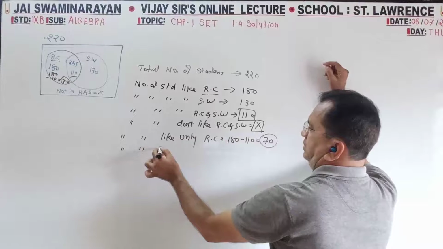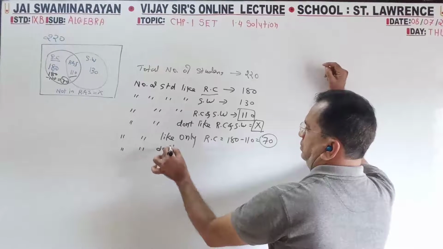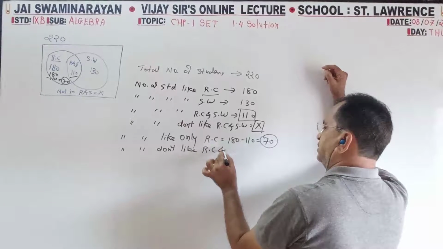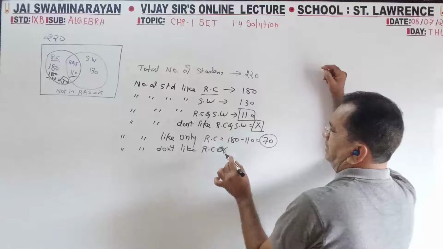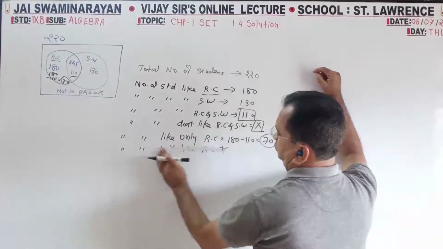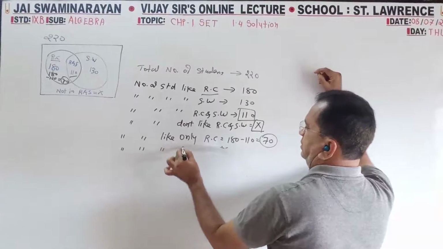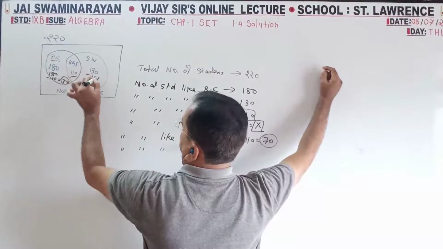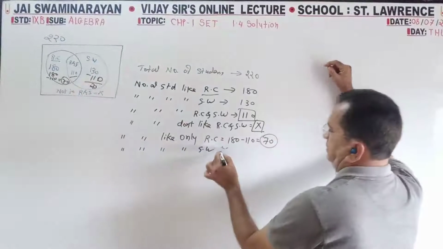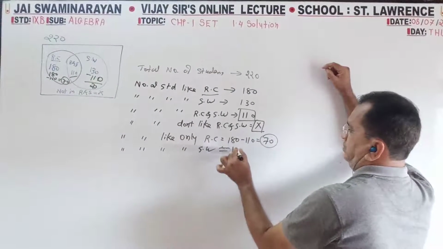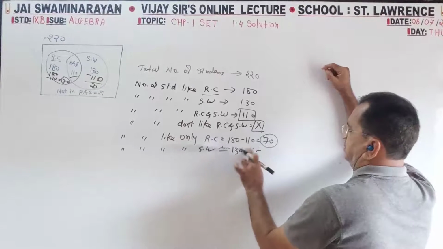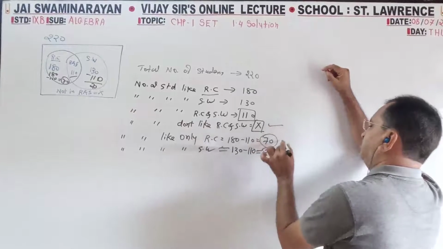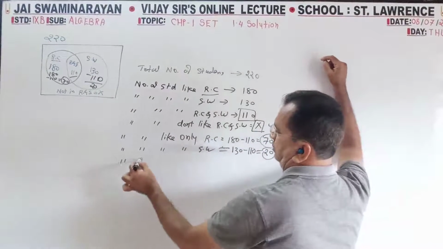Number of students who like only sky watching, that is 130 minus 110, it is 20. So first group, second group, third group.